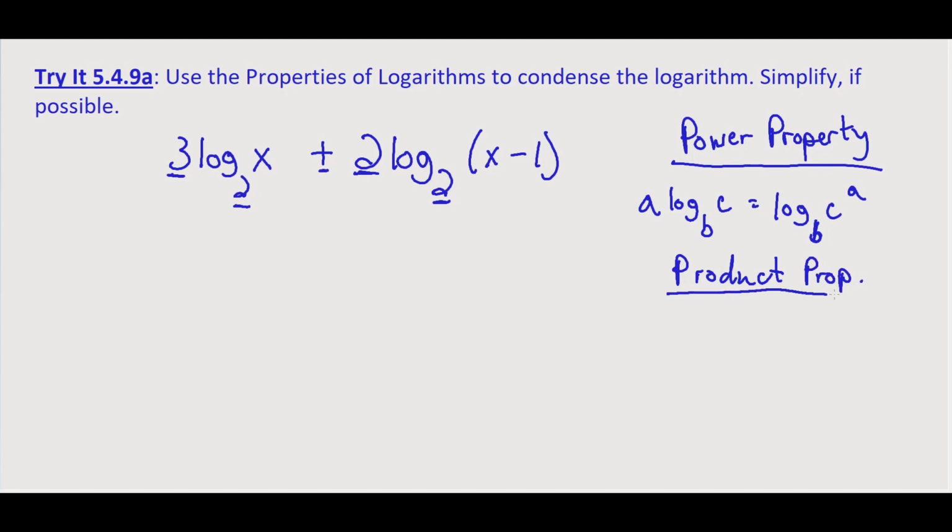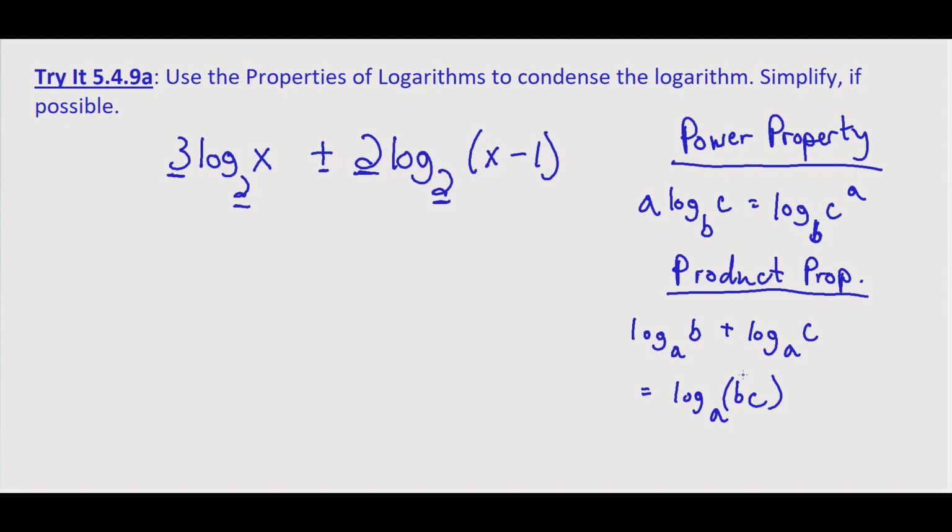And again, not using the same variables, but what the product property is saying, if we're going in the opposite direction, is that if we have log base a of b plus log base a of c, that's going to equal log base a of bc.